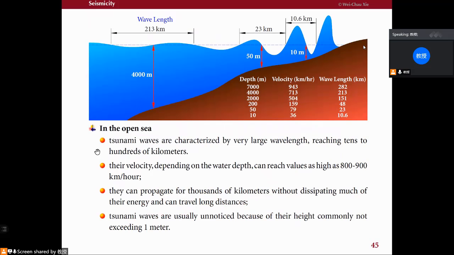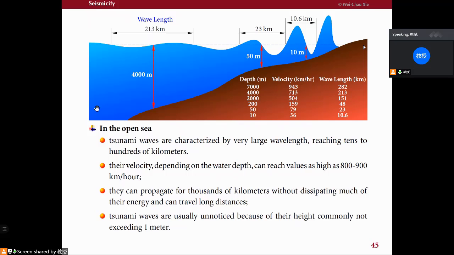In the open sea, tsunami waves are characterized by very large wavelengths, reaching tens to hundreds of kilometers. Their velocity, depending on the water depth, can reach values as high as 800 to 900 kilometers per hour, because the depth is very deep.